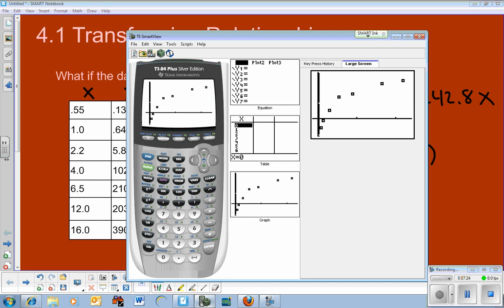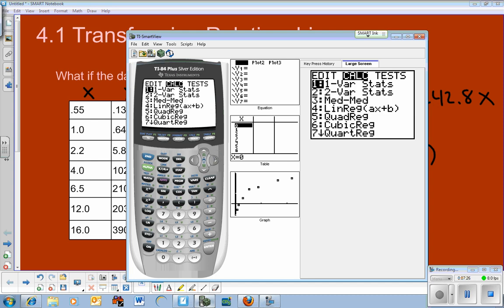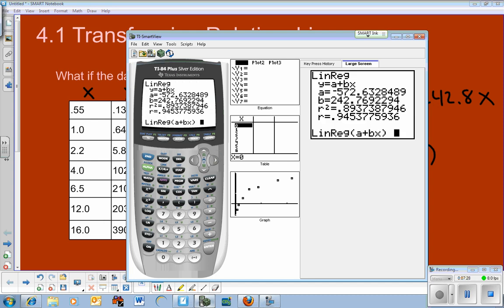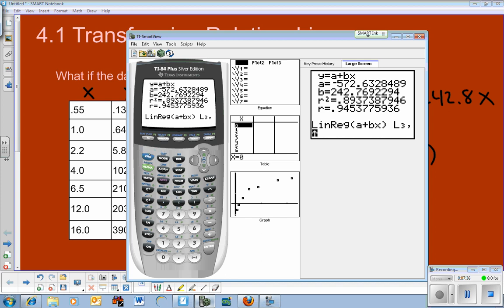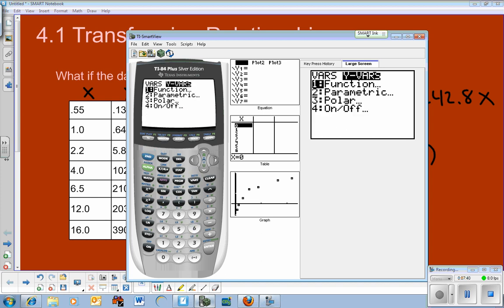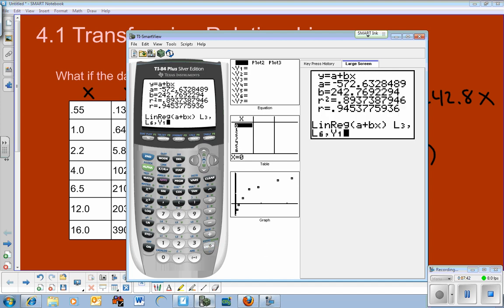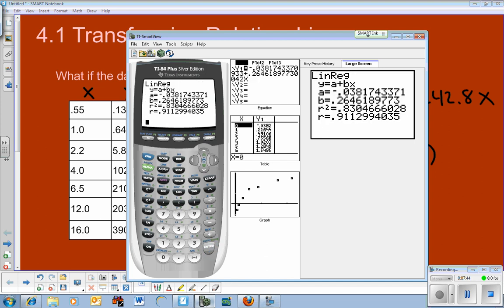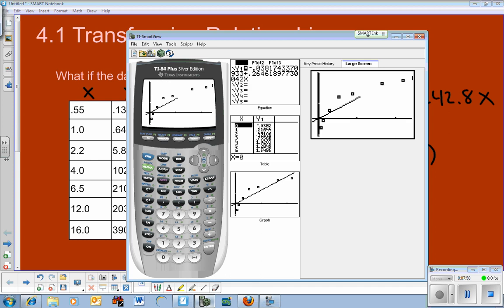So let's go back to Stat, Calc, and Reg, option 8, and do the linear regression and see how good of a straight line we have. So this is L3, comma, L6, comma, x bars, y bars, function, y1, enter. If I graph x versus log of y, you can see what happens. I overdid the correction, basically.